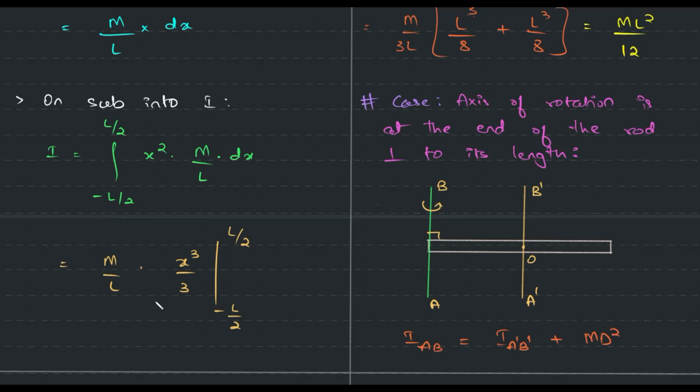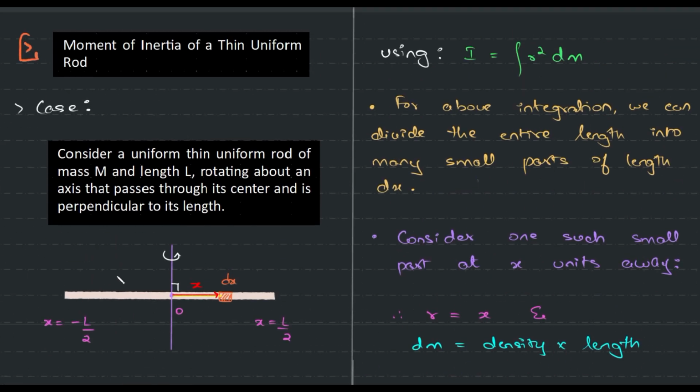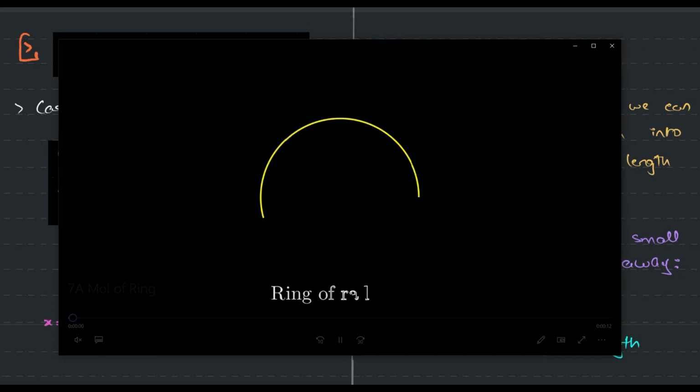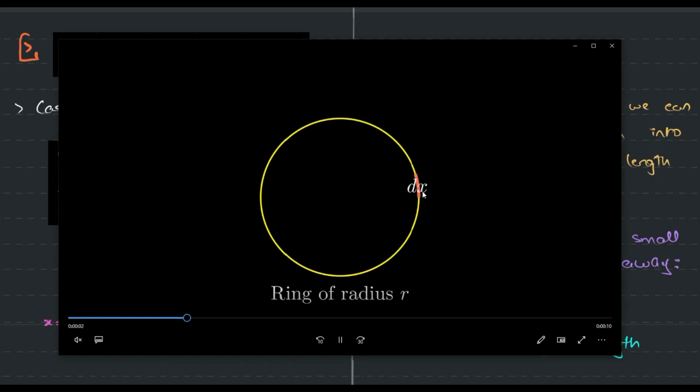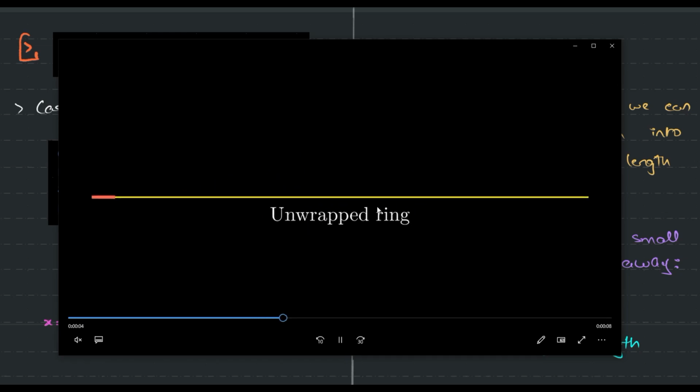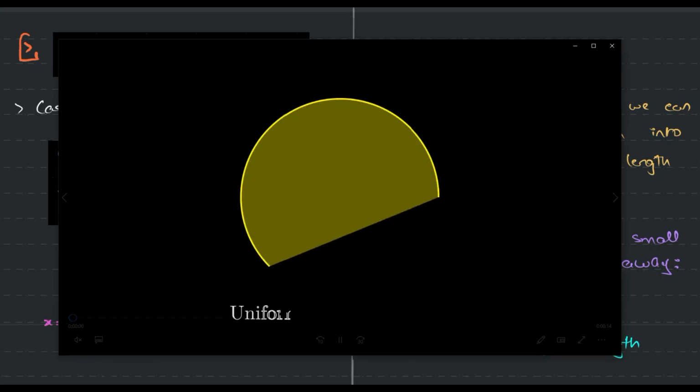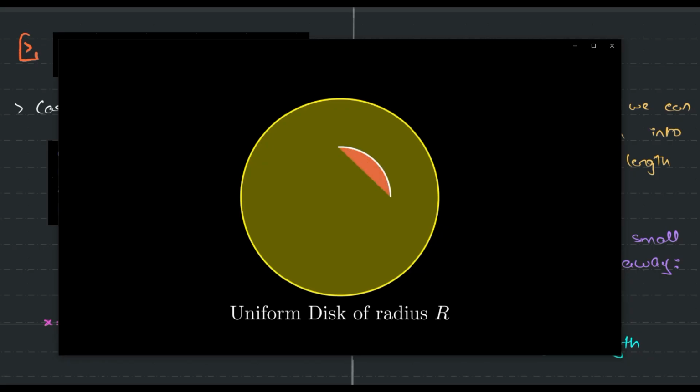Those are your two expressions related to this particular structure. Again, the funda does not change. Everywhere it is the same thing. When you are dealing with a ring, you take up a small part dx and add it along the length. When you take up a disk, you take up a small ring of width dx and radius x, and the radius will move from 0 to r.